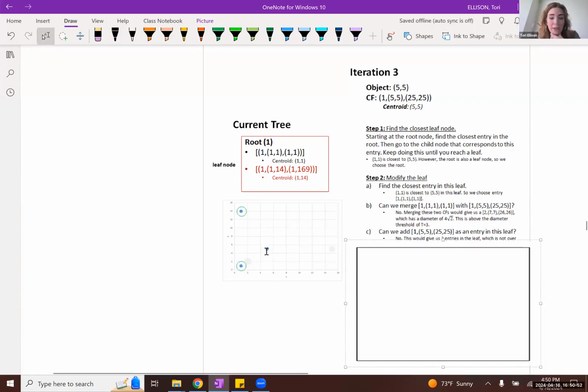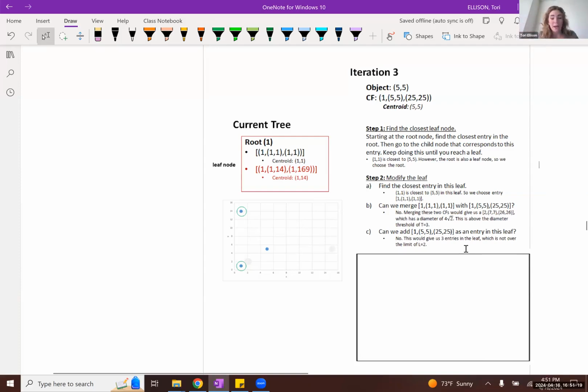Can we add this subcluster as an additional CF entry in this corresponding leaf node? Unfortunately, the answer to that also is no, because that would cause us to go above the maximum number of entries that we can represent in that current leaf node. And so we're going to have to do some other things in order to incorporate that point.